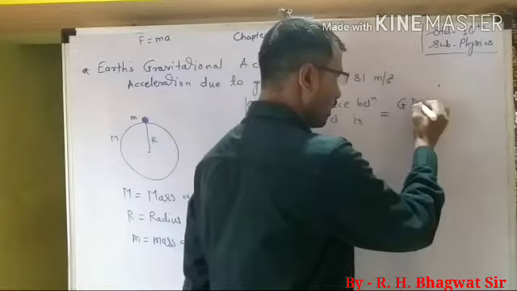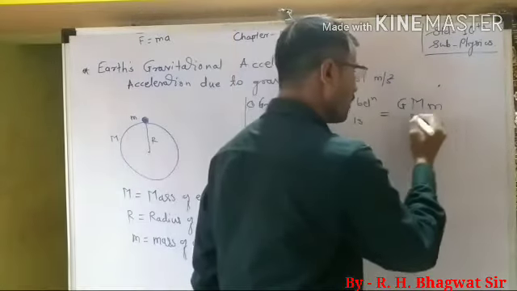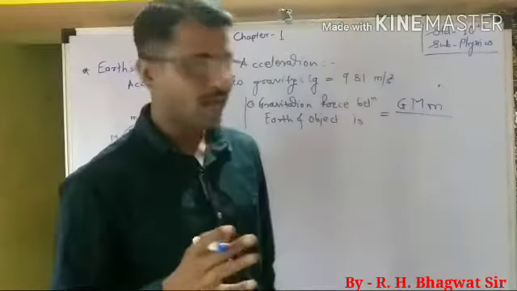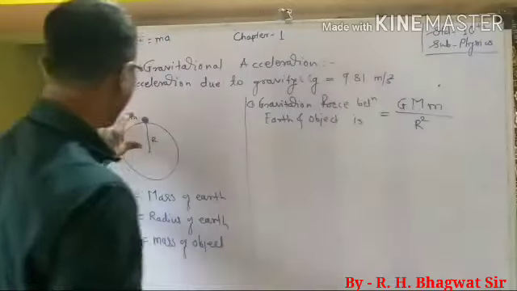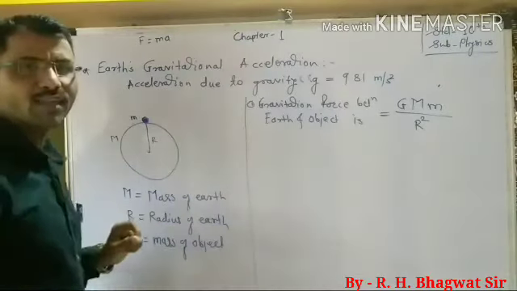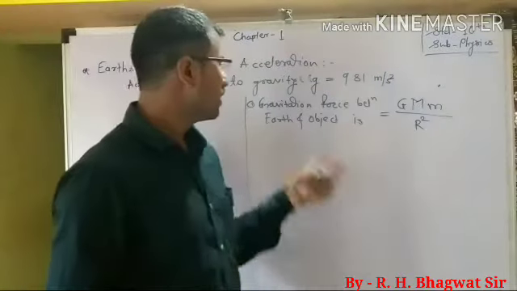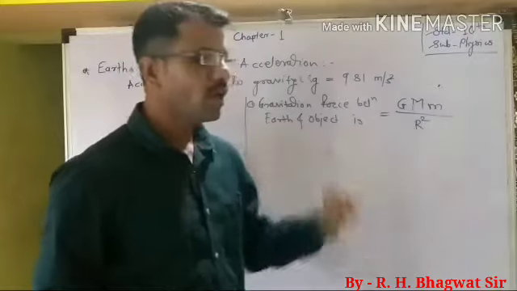The distance between the center of Earth and the object is nothing but the radius of Earth. Therefore, the gravitational force is G M m upon R square.